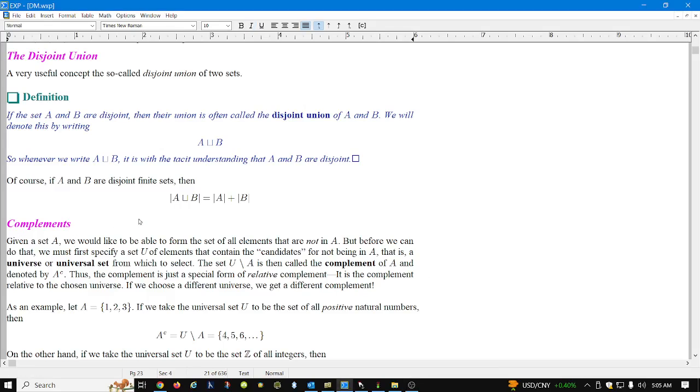Given a set A, we'd like to be able to talk about the set of all elements that are not in A. But there's a little catch here.